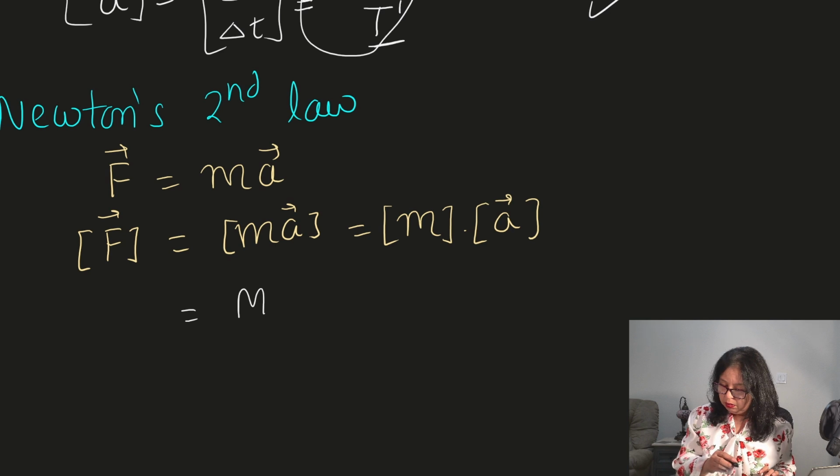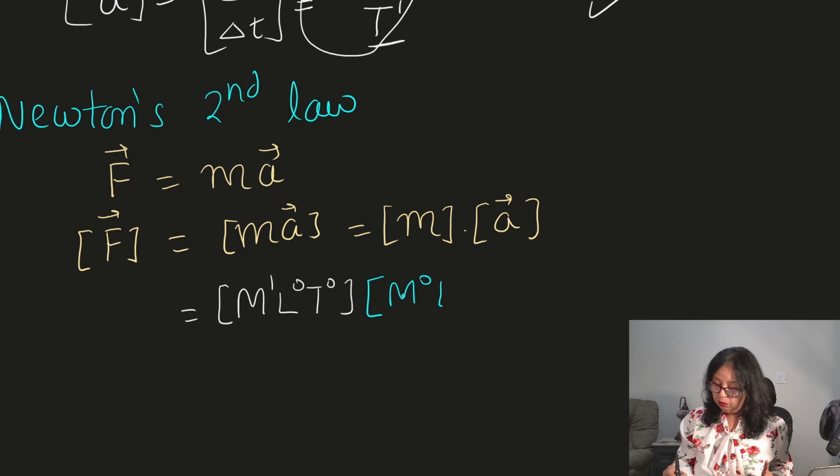So the dimensional formula for M is M1 L0 T0. And the dimensional formula for A, we just derived it, is M0 L1 T minus 2.